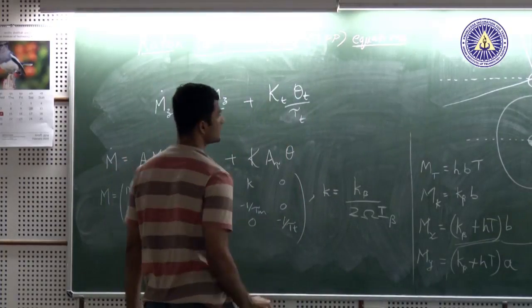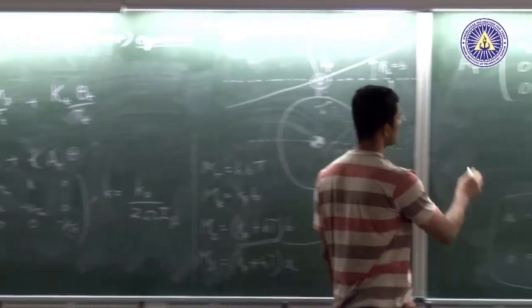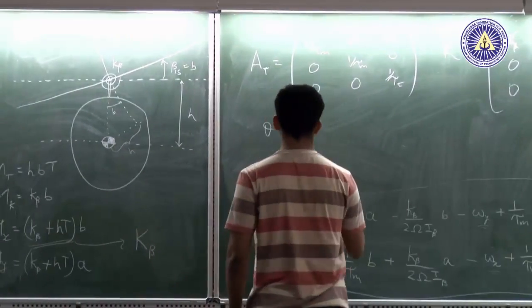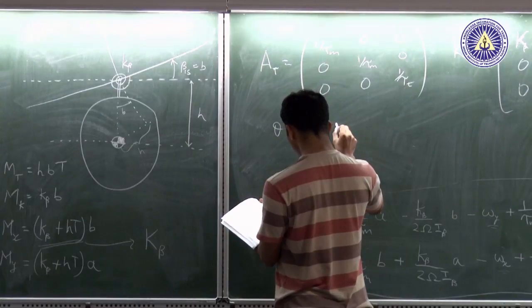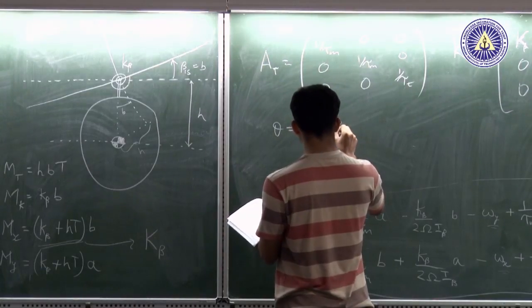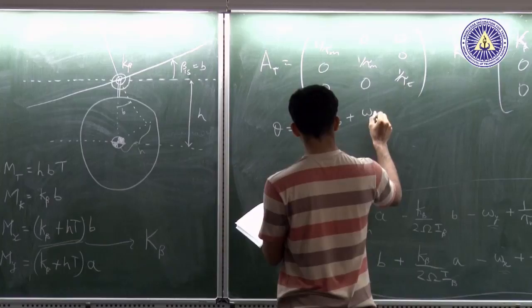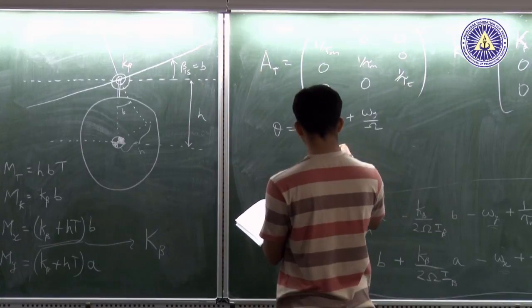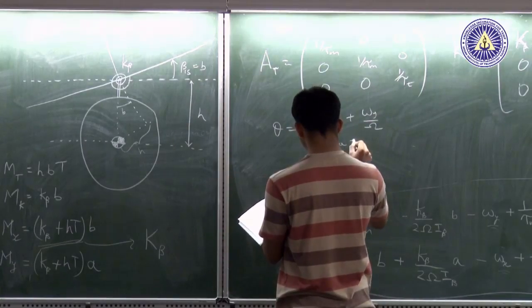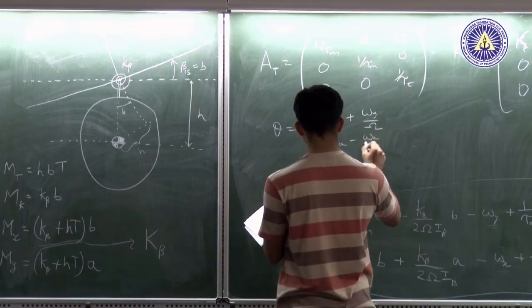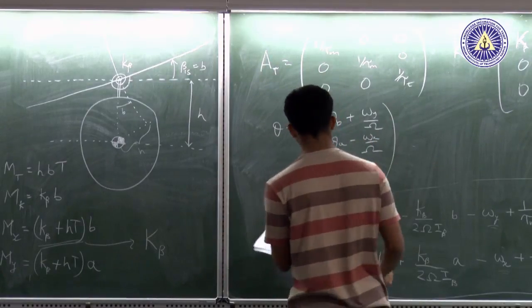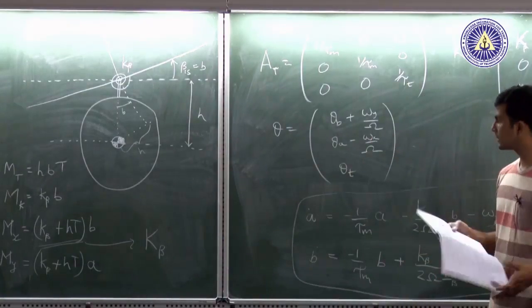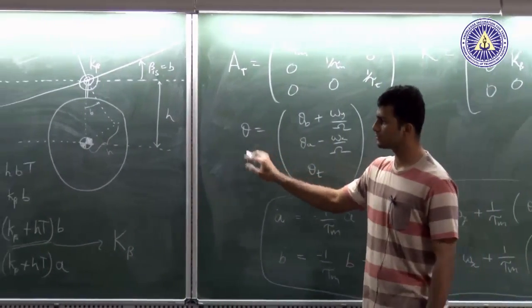And my theta is a new control input, which I am denoting as theta b plus omega y by omega, theta a minus omega x by omega, and theta t. This is my control input to the system.